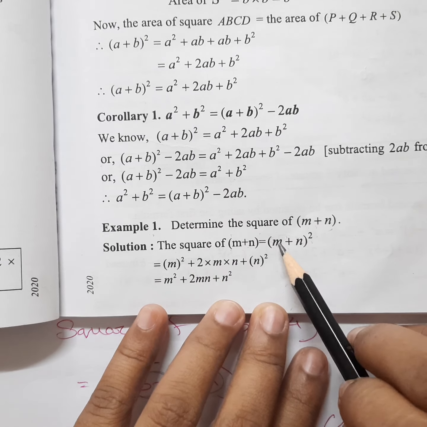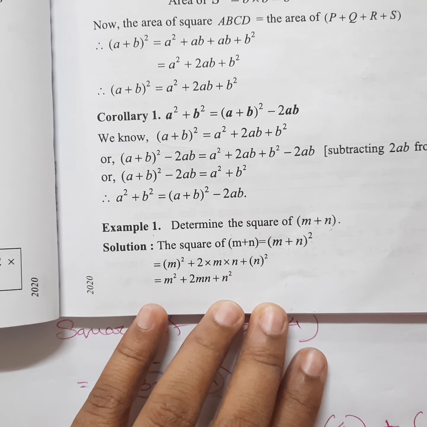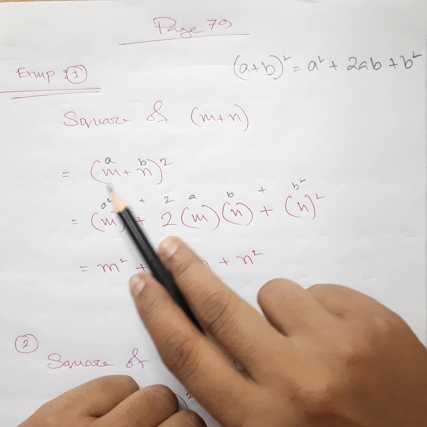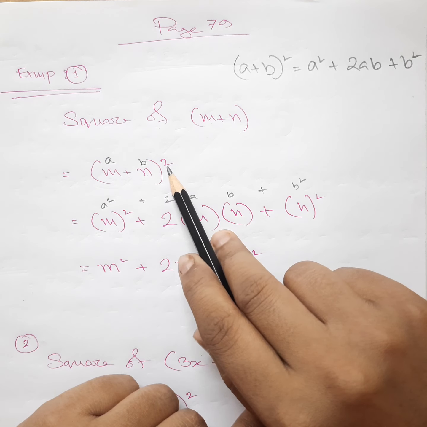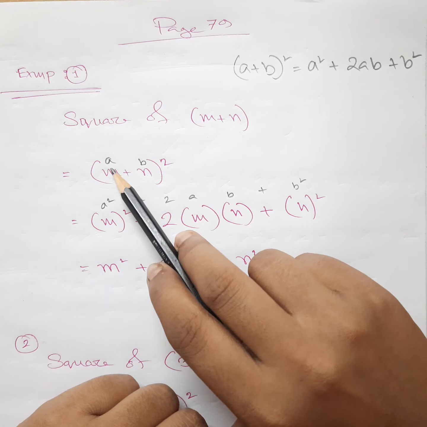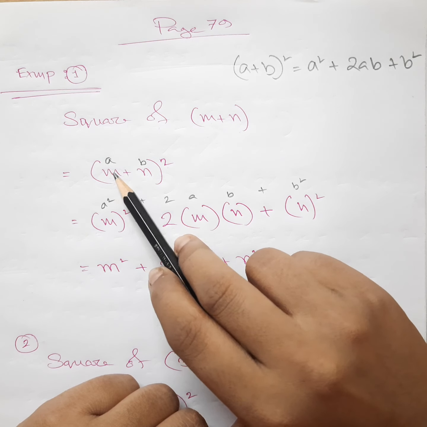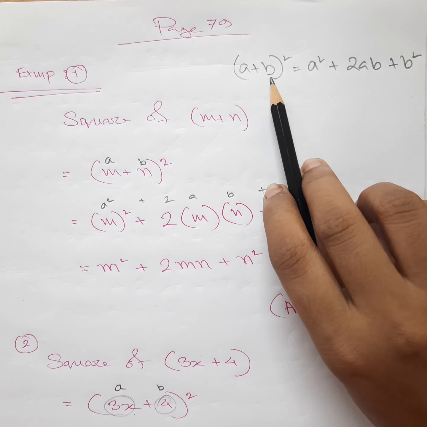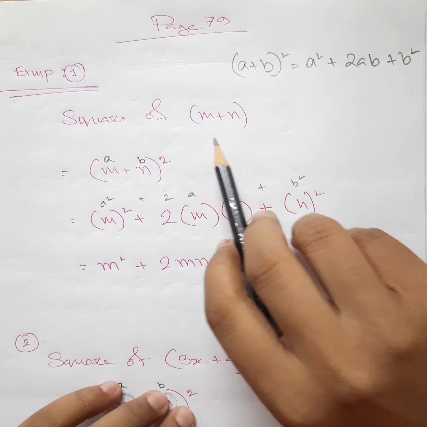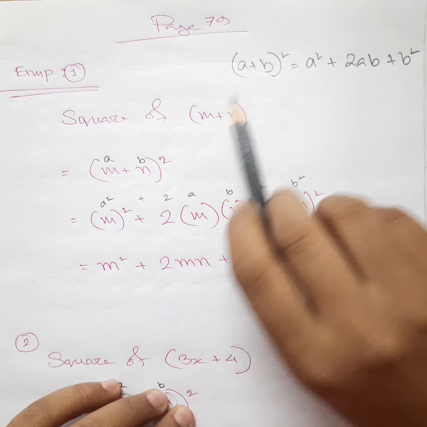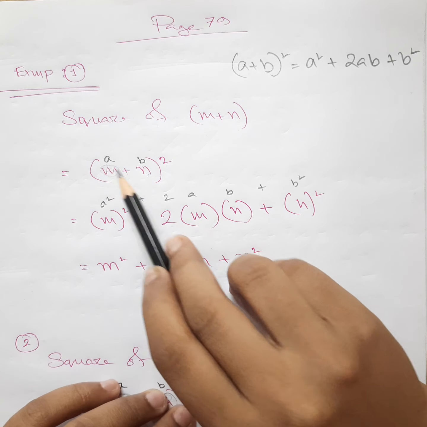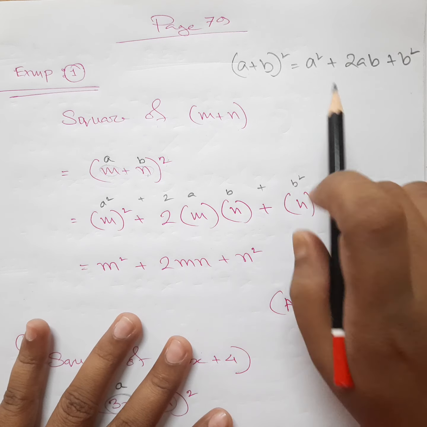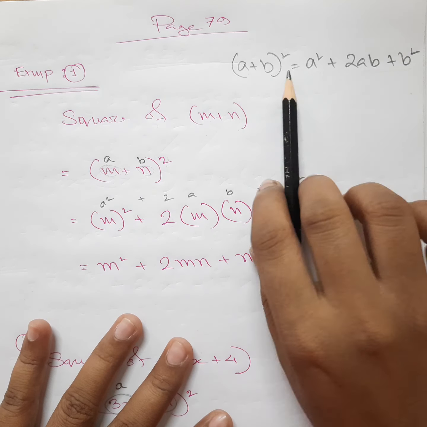Here, let me show you my copy. Square of m plus n, then we are going to give the square over here, whole square. Now consider the first one as a, and the second one as b. At that time, we will have this formula, (a plus b) whole square. Do say it like that. For the betterment, I have written down the formula over here.